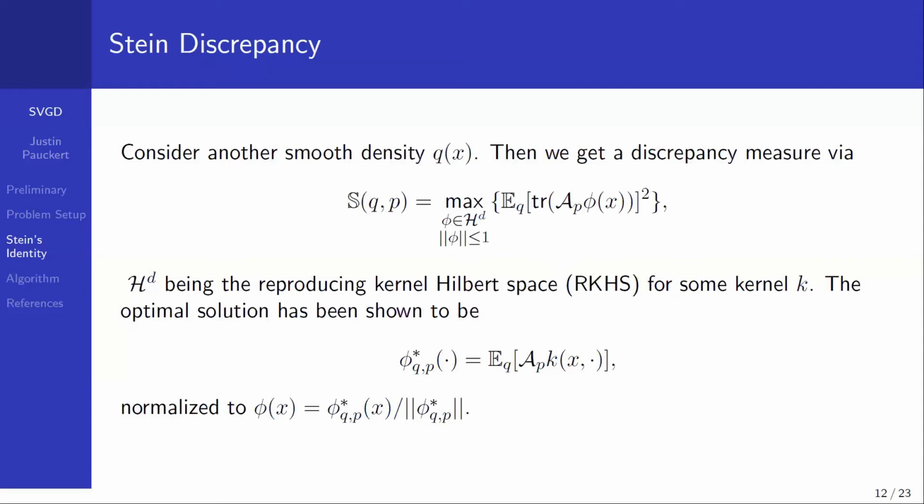So this is basically another competitor, if you want, for our KL divergence. Don't worry, as I said, we're going to use the KL divergence as error measurement, but for now, this is all you need to remember about Stein discrepancy.